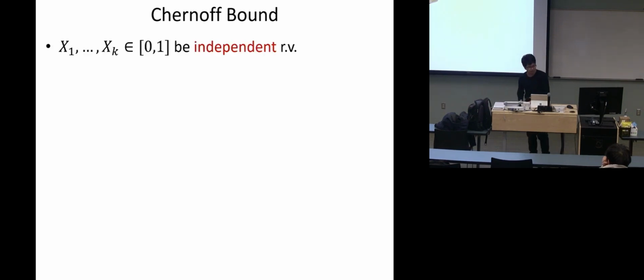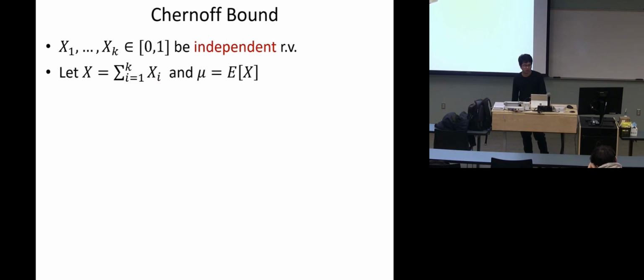But when the random variables x1 up to xk are independent and each is between 0 and 1, then good things happen. You can say something strong about the sum of the xi. Let's say x is the sum of these xi, and let mu be the expectation of x.